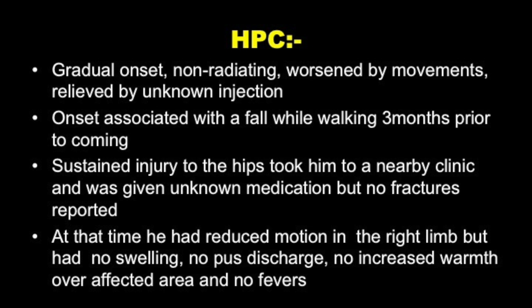Onset was associated with a fall while walking on a separate road 3 months prior to coming to the hospital. He sustained an injury to the hip, and the parents took him to a nearby clinic where he was given unknown medication, but no fractures were reported. At that time, he had reduced motion in the right limb, but no swellings, no pus discharge, no increased warmth over the affected area, and no fevers.